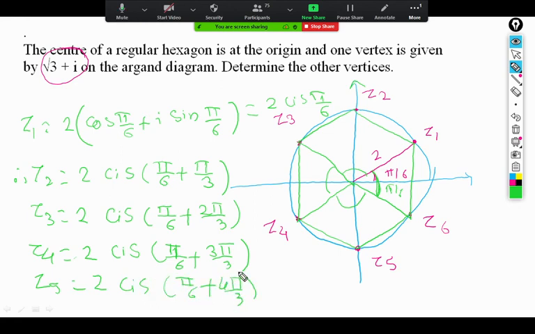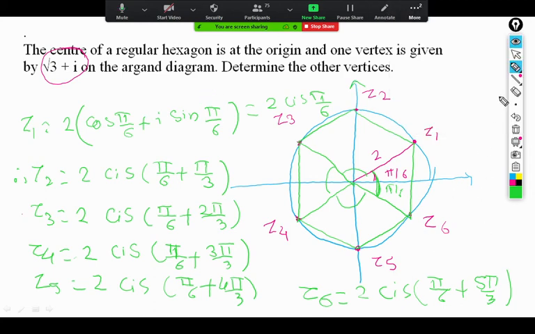And lastly, Z6, the sixth root, is 2 times cis pi by 6 plus 5 pi by 3. Just add these and you will get all the roots. So this is one of the simple methods again. You only have to start with the polar form, and it is a regular hexagon.